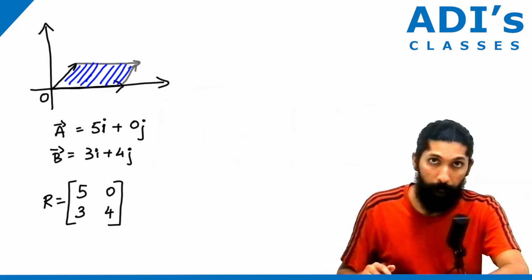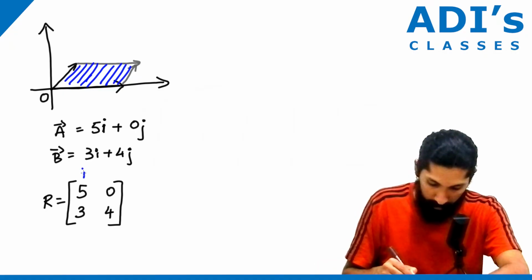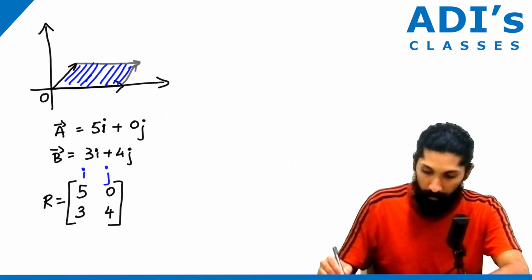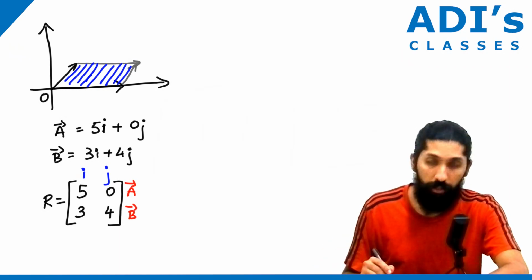In the sense, my columns represent i and j, and the rows represent the first vector and the second vector, correct? This is what we are looking at.